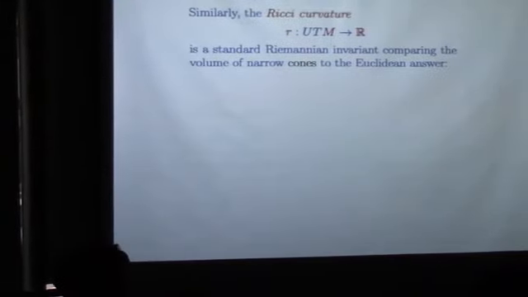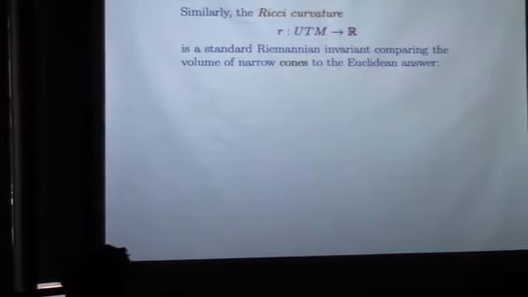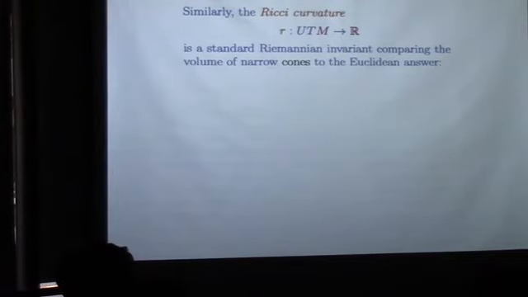There's another invariant, a much stronger invariant that contains a lot more information about the geometry, called the Ricci curvature. And the Ricci curvature instead compares volumes of cones rather than balls to the Euclidean answer.